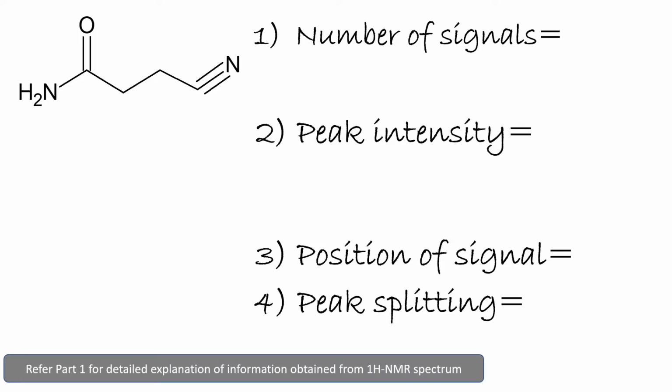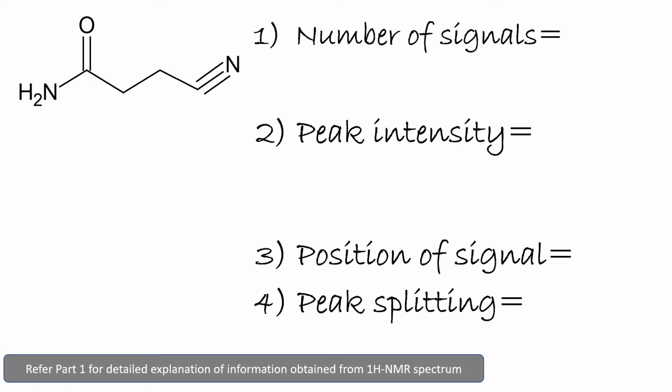Now when you see the structure and you have to predict the NMR spectrum for it, or in the other way, if you have been given the spectral data for a compound and from that data you have to predict the structure, in either case there are 4 points which you should always keep in mind.